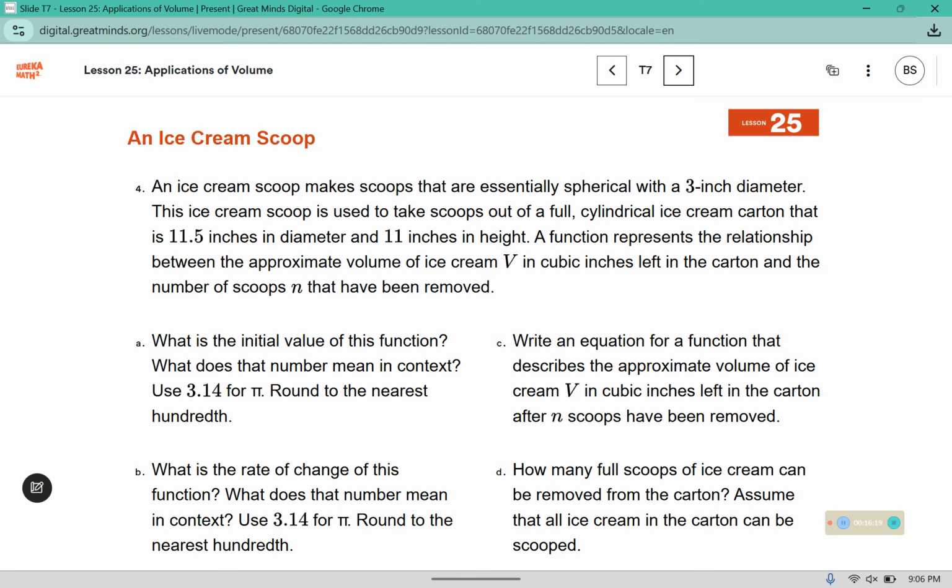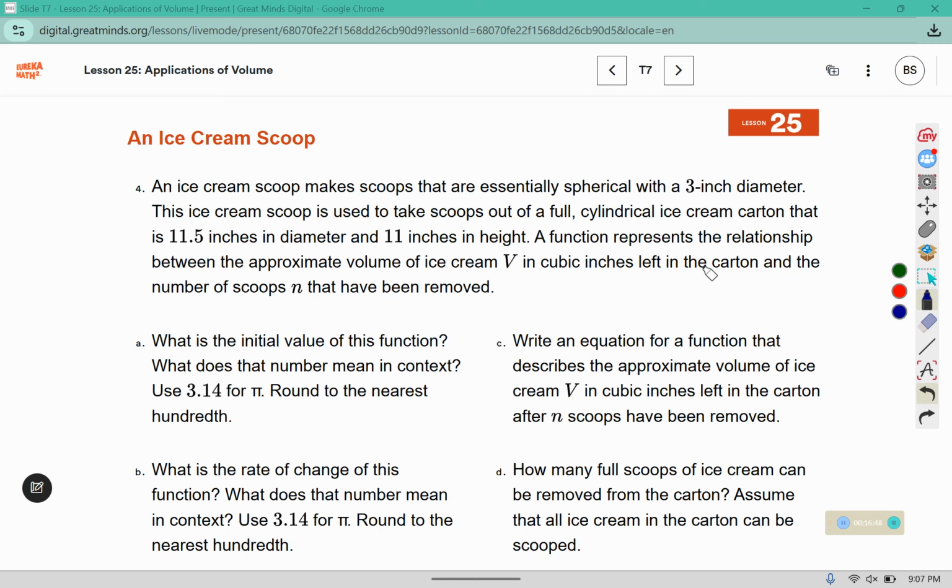A function represents the relationship between the approximate volume of ice cream, V, in cubic inches left in the carton, and the number of scoops N that have been removed. A, what is the initial value of this function, and what does that number mean in context? Use 3.14 for pi and round to the nearest hundredth. That is 2 decimal spots.